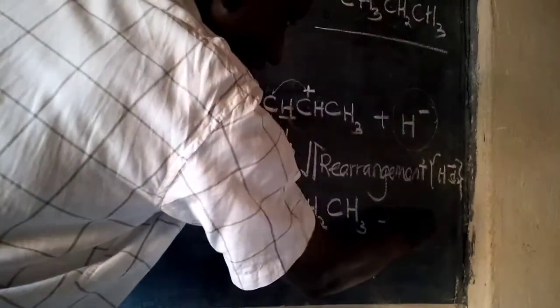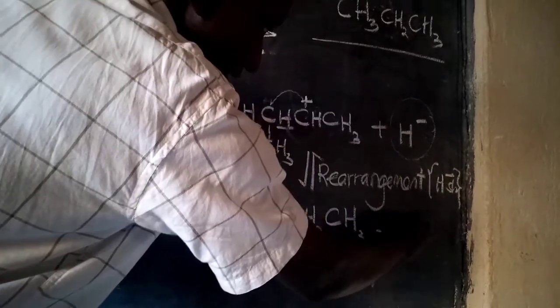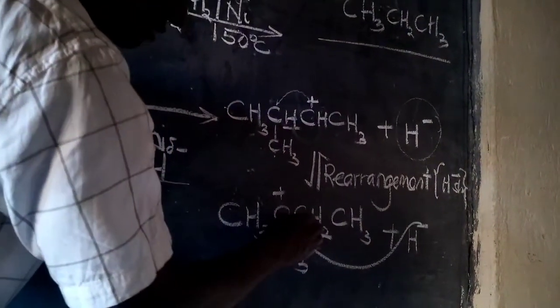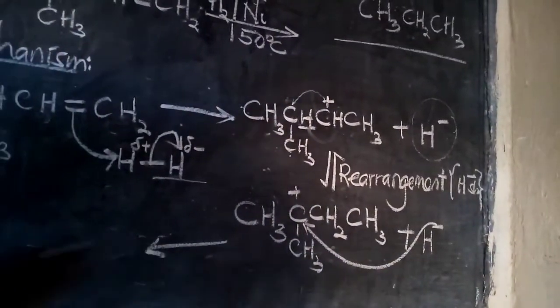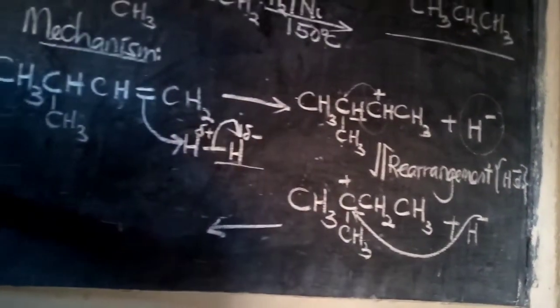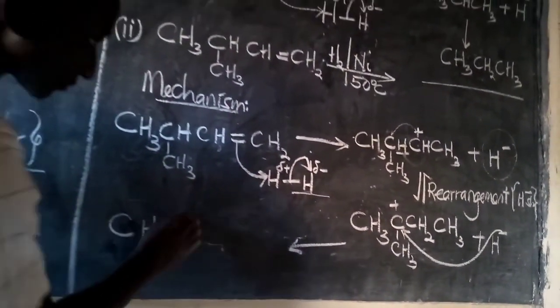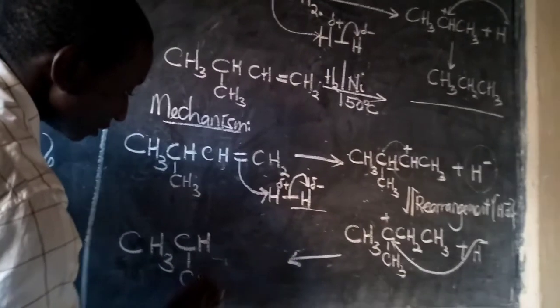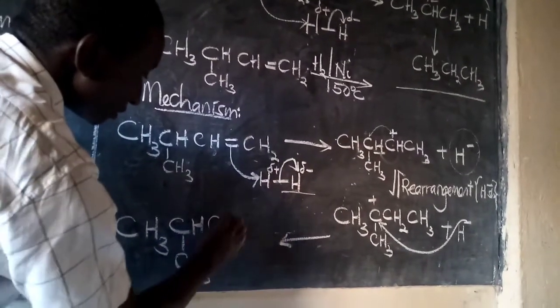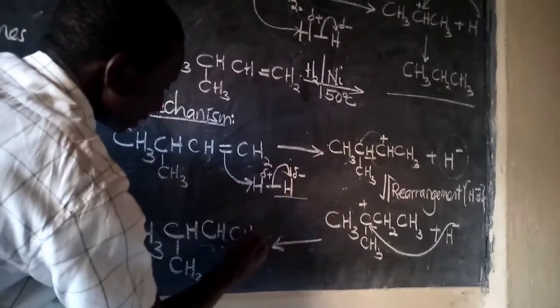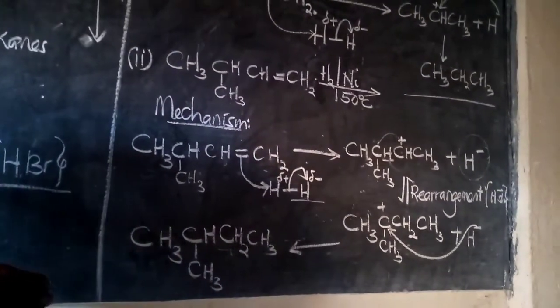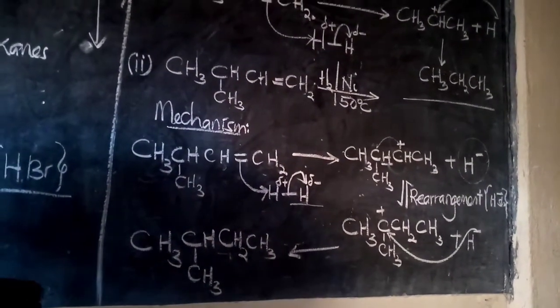We can trace our arrow from here. It comes, interacts with that, and the interaction takes place. It means we shall have CH3, CH, and CH3, CH2, and at last CH3. And that is what we come up with.